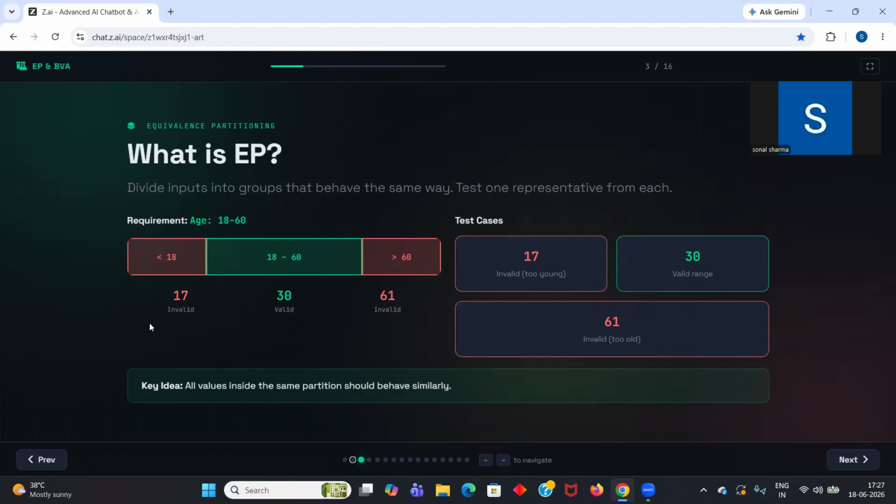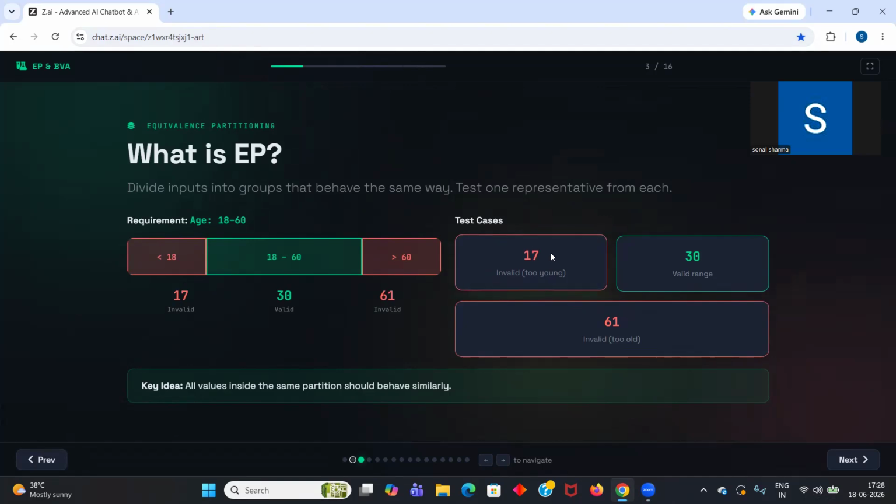So you can divide that input into three groups. One, less than 18, that should not be accepted. The second one, between 18 to 60, that should be accepted. And the third one, greater than 60, should not be accepted. So you will have three test cases.